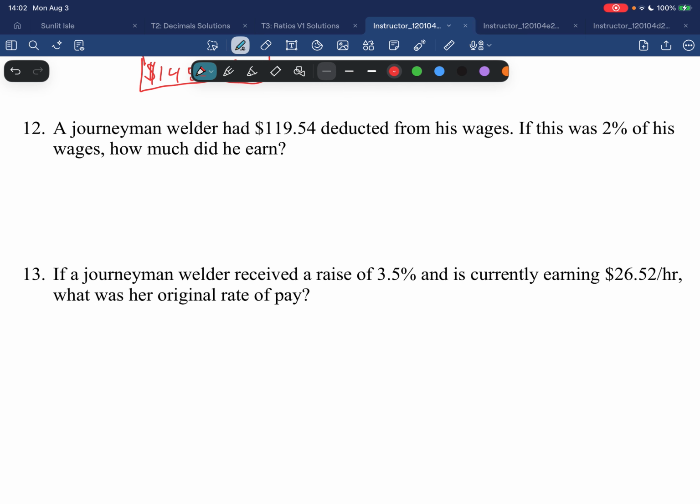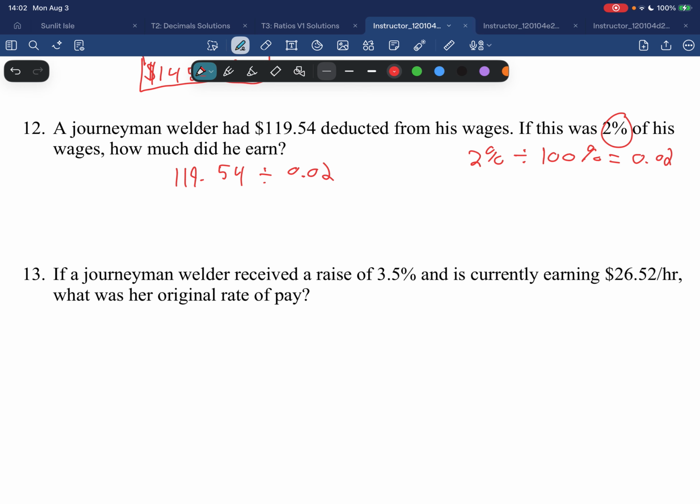This nearly $120 was 2% of his wages. So instead of multiplying by 2%, I'm going to divide by 2%. So I'm going to take 119.54. I'm going to divide by 0.02, which comes from 2% divided by 100%, which gives you 0.02.